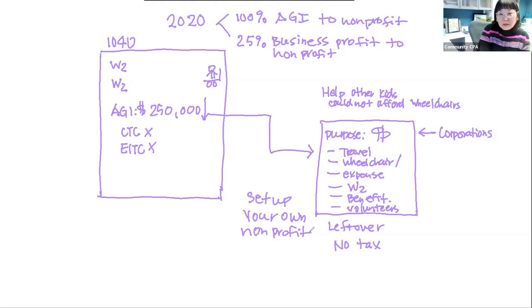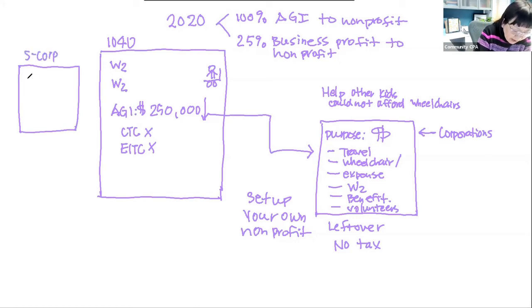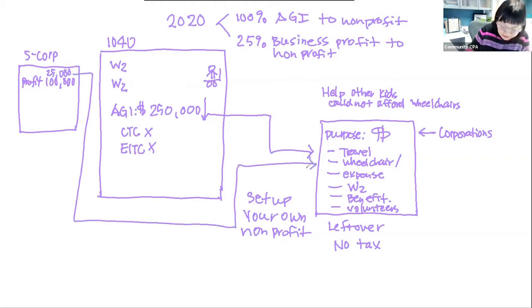And if you want to reduce your tax liability and you have a business, let's say in the other example we had, remember we had a restaurant, S-corp. Remember in one scenario we said our profit was $100,000. That means I can put $25,000 of profit into the nonprofit because it's 25%. So I will not have $100,000 income anymore.